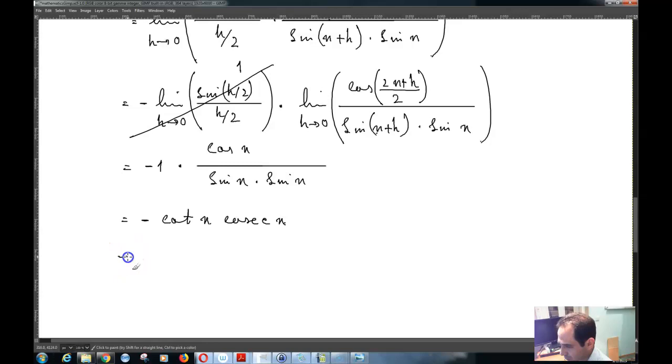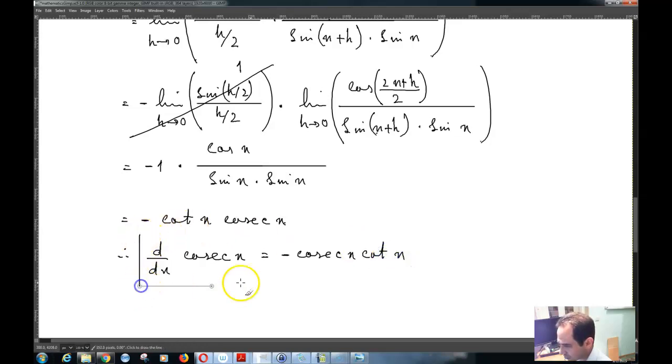So that means that the derivative of cosecant x is equal to negative cosecant x cot x.